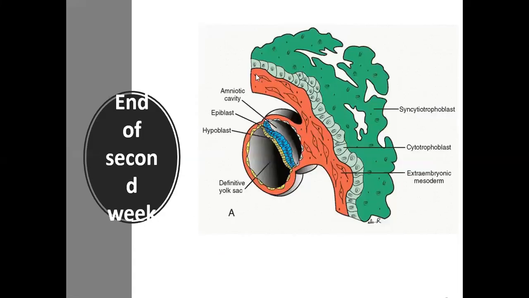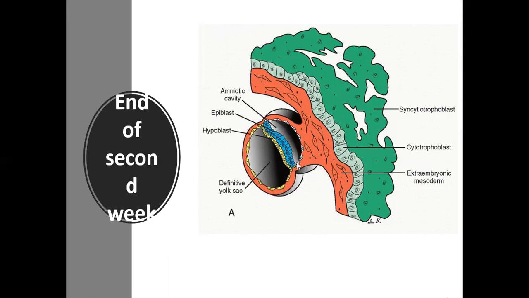So this is the end of the second week. If you remember, that was the week of 2s. We had the formation of the 2 germ layers, that is the epiblast and the hypoblast, 2 cavities, the amniotic cavity and the definitive yolk sac or the secondary yolk sac. Then the trophoblast had divided into the 2 layers, that is the outer syncytial trophoblast and the inner cytotrophoblast.